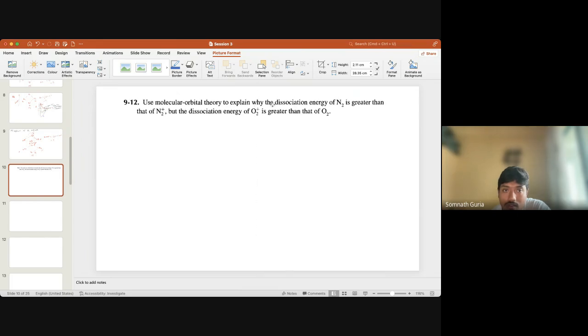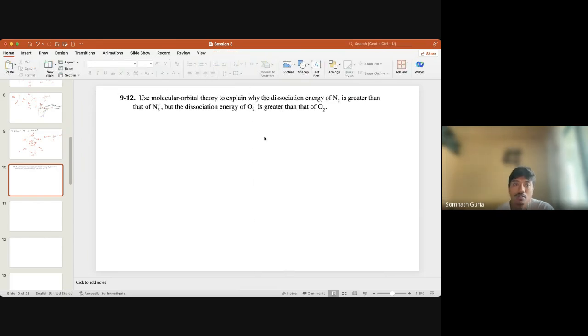Can I solve this problem using the molecular orbital theory? I explain the dissociation energy of the nitrogen N2 is greater than the N2 plus, but the dissociation energy of the oxygen O2 plus is greater than the O2. Okay, can we do that? Can we explain it?